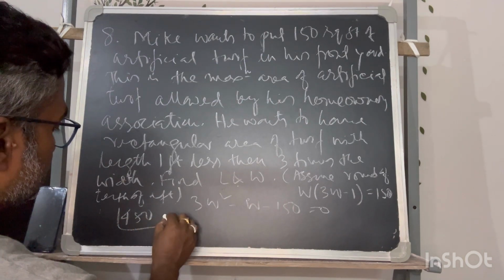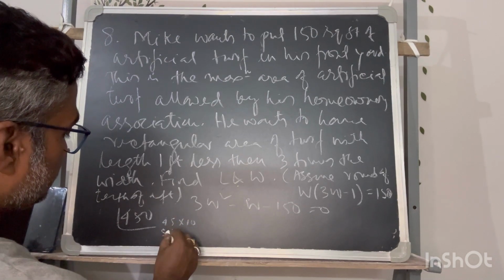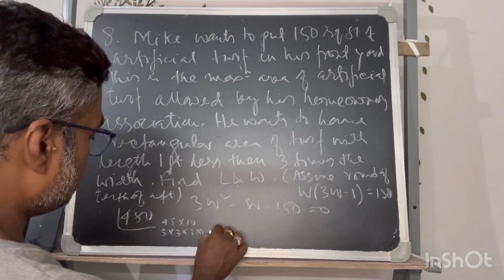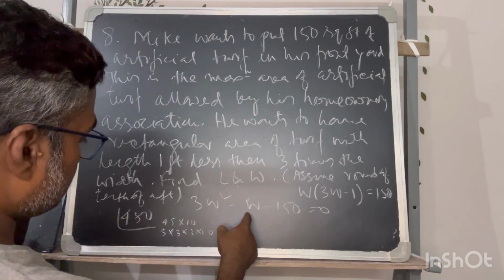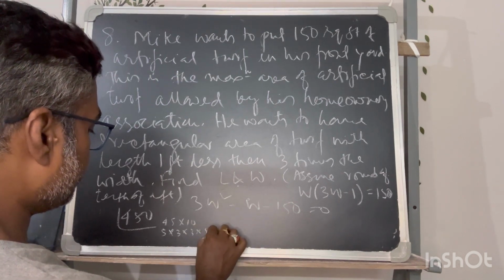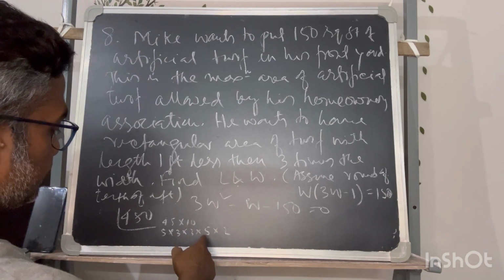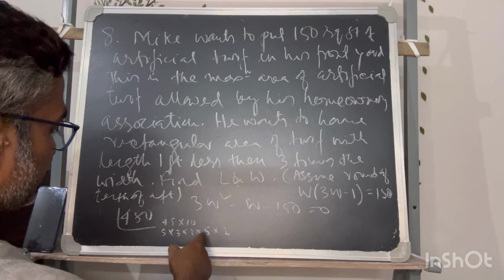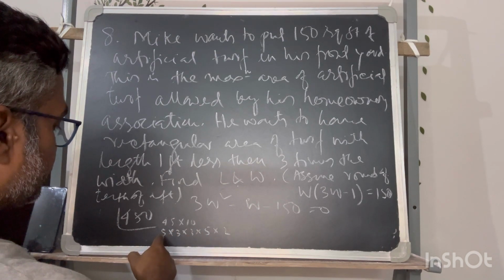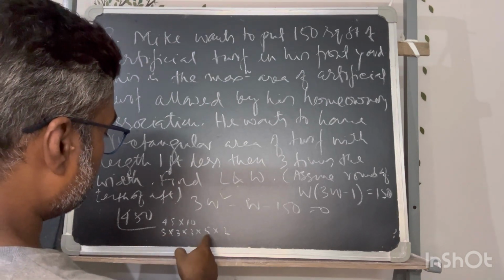450 means 45 into 10. So that means 5 into 3 into 3 into 10. So how does that come? This 1 will come, or else you can divide it into 5 into 2 further. 3 to the 9, 9 to the 18, that will not come. 15, 30, it will not come. 5 5 is the 25, it will not come. 5 is the 15.